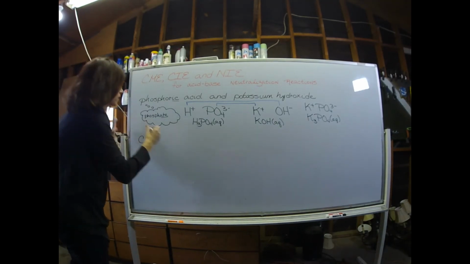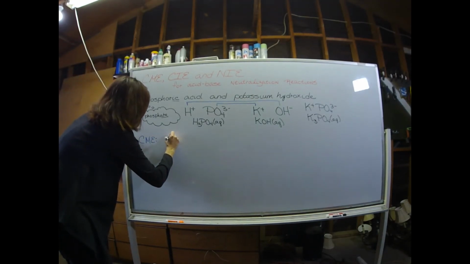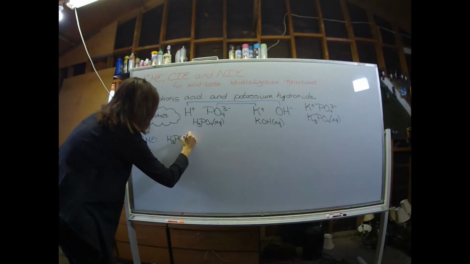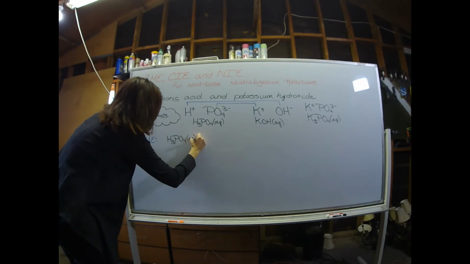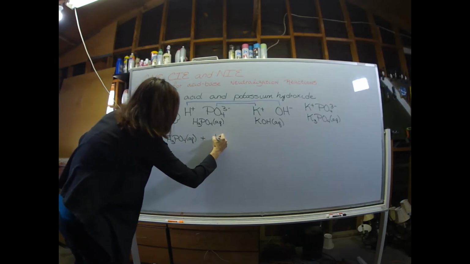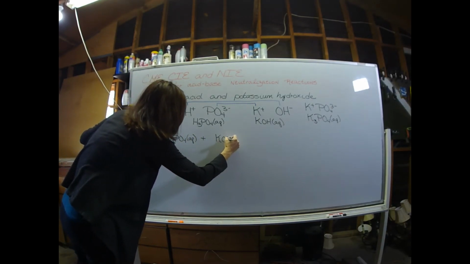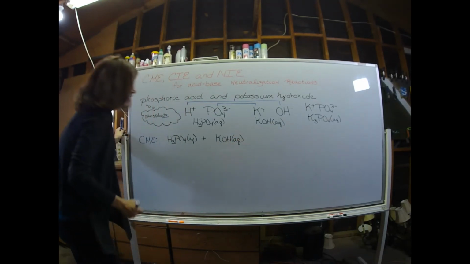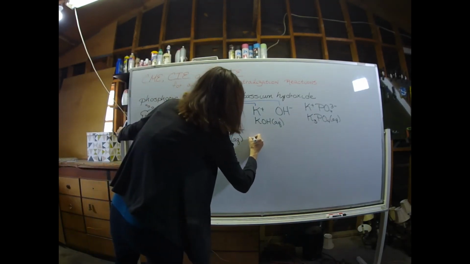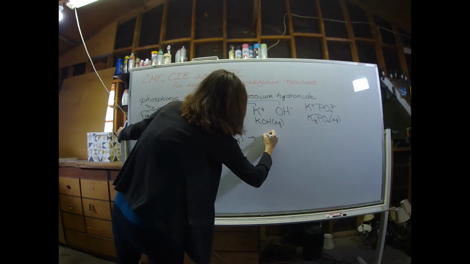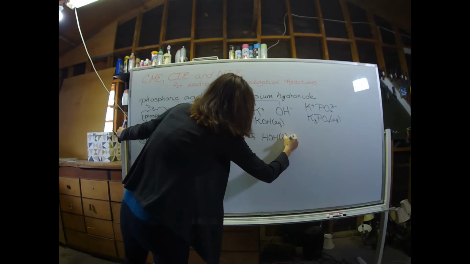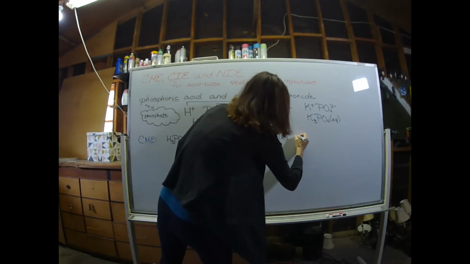So I'm going to start with H3PO4 and potassium hydroxide. And that's going to form water and potassium phosphate.